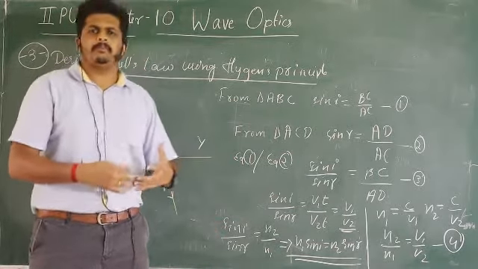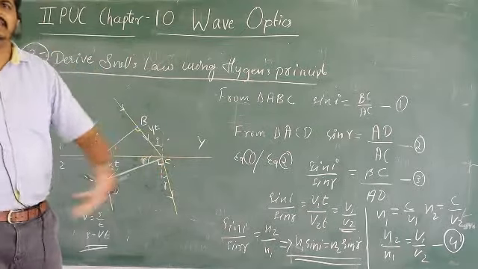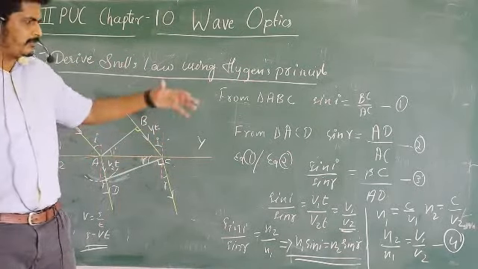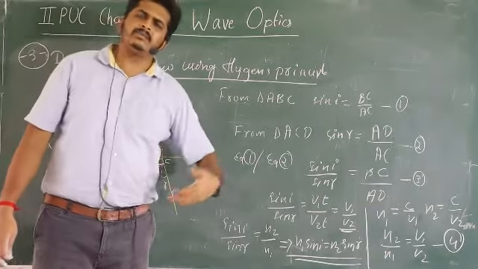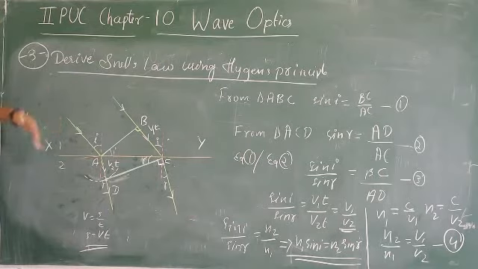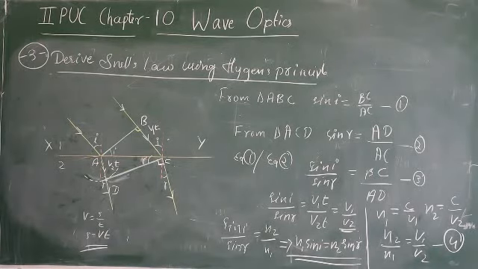But later on, slowly the electromagnetic theory comes. So Huygens principle has got some demerits. That is why it is being neglected. But we are studying that in wave optics. When you go for the next chapter, dual nature of radiation and matter, we study about the wave nature. Apart from that, electromagnetic theory and all, we are going to study.